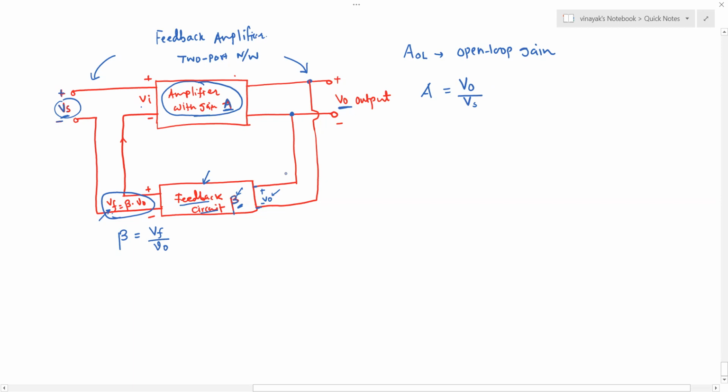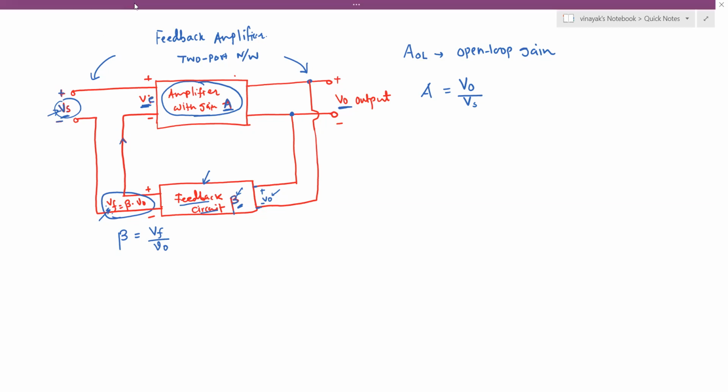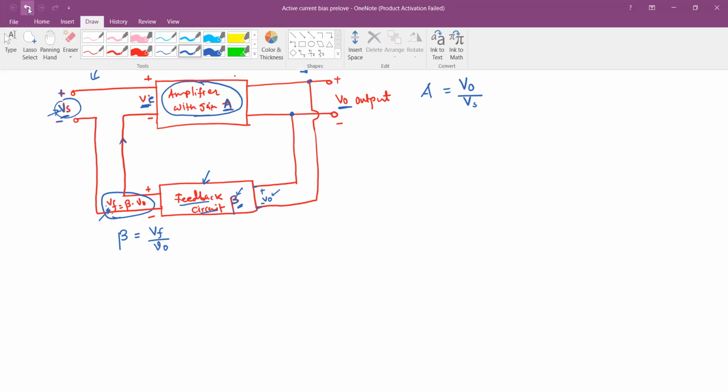Okay. And now you see this VF, which is a voltage, getting in series with the Vs, that is V applied, and this is also called Vi or Ve. Let's keep it Vi.